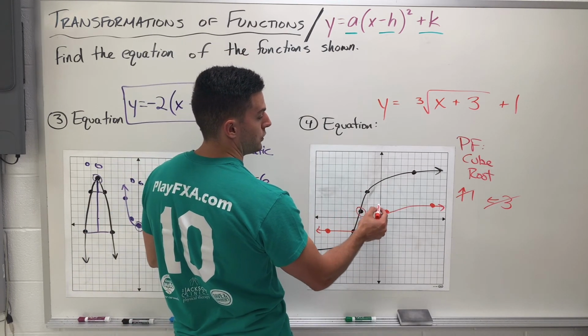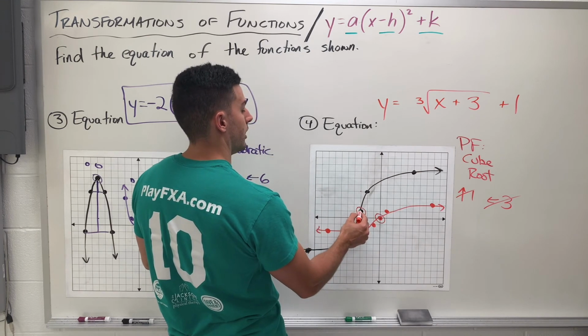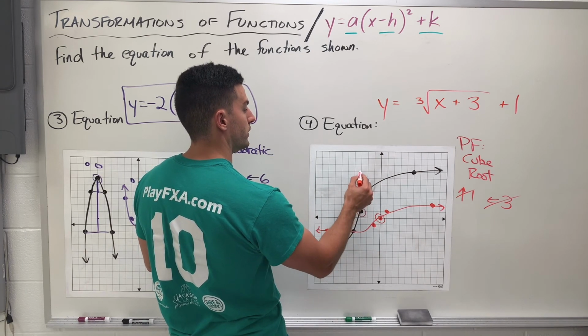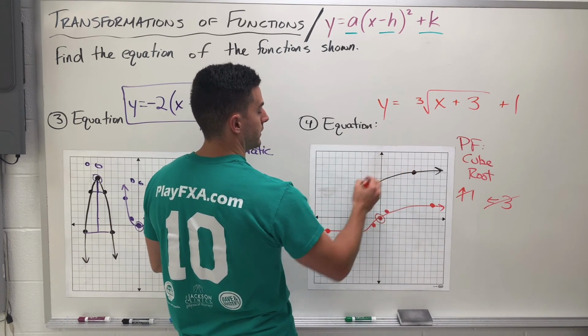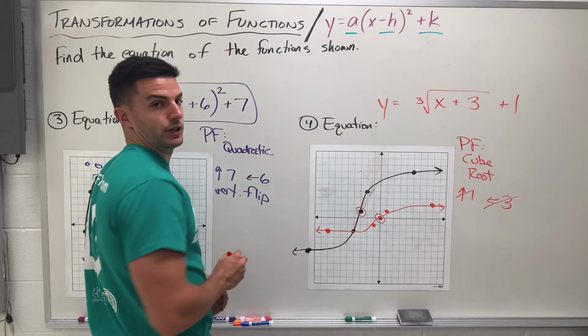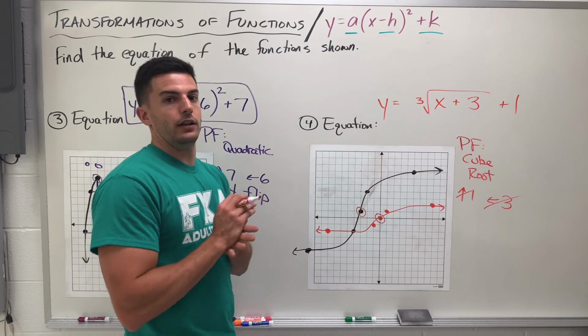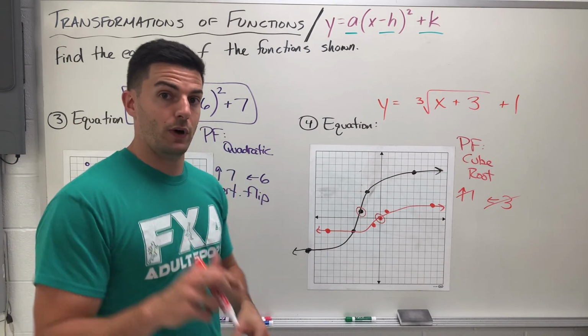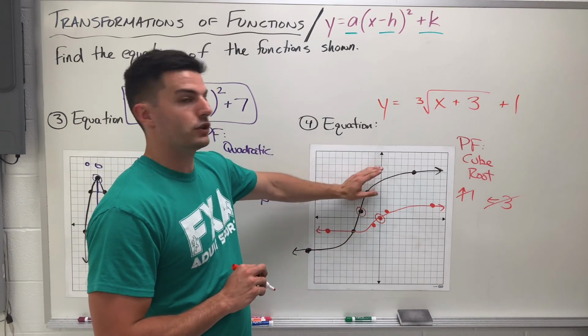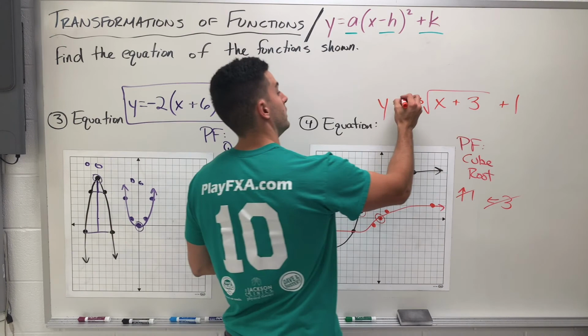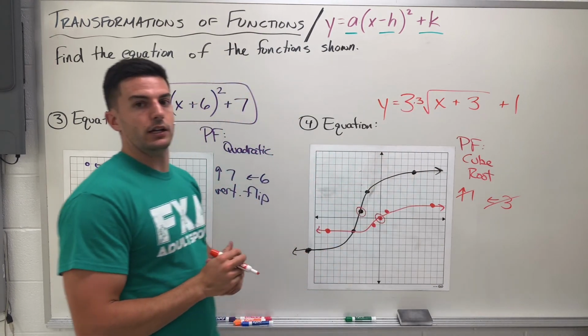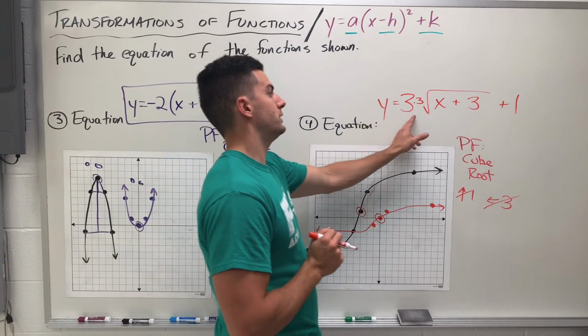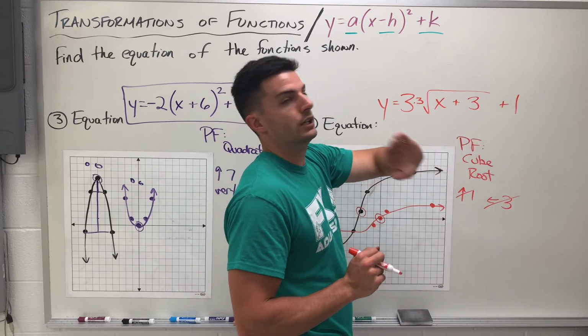Normally I move up 2 and over 8. This time if I times it by 3, 2, 4, 6, and over 8 to get here, and then down 6 and over 8 to get there. So yes, it's tripled. The y value distance from the origin point is tripled of what it usually is, okay? So that would be a 3 outside of there. That a value would be 3. So 3 times the cube root of x plus 3, plus 1.